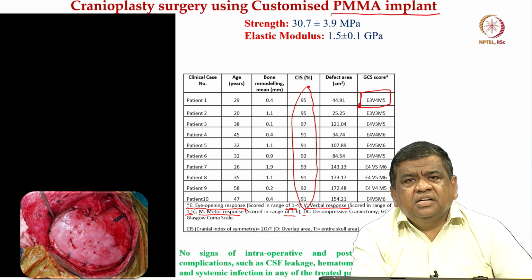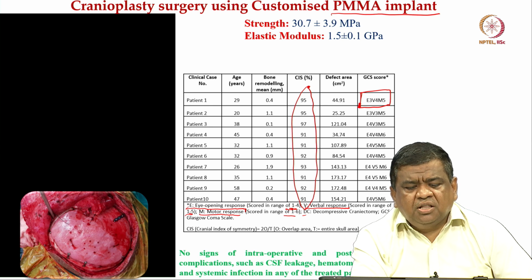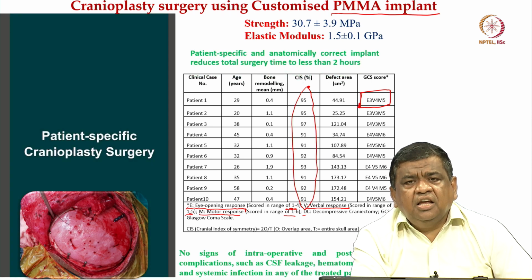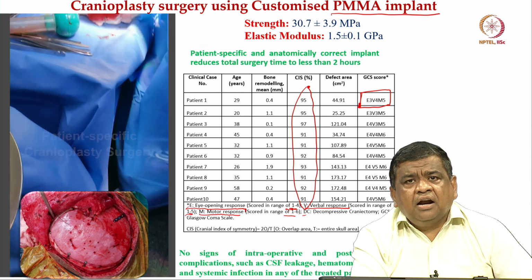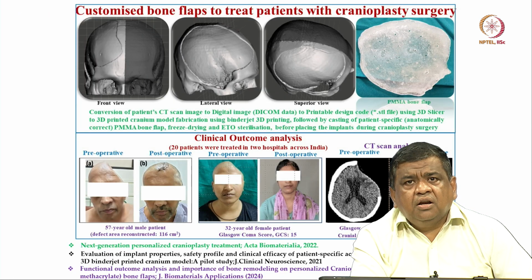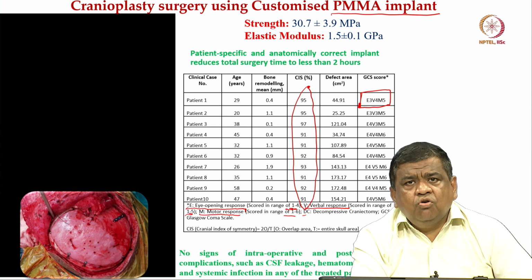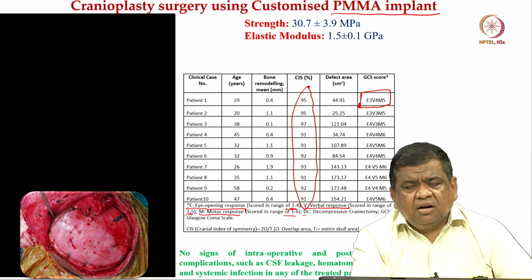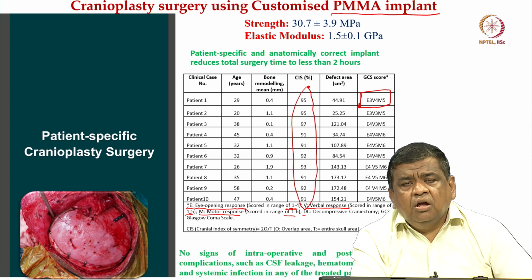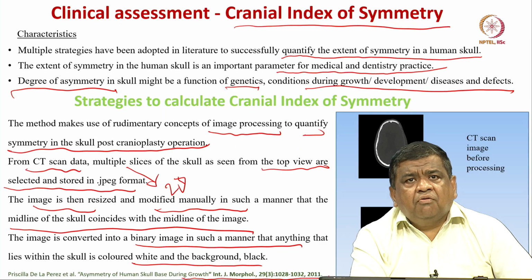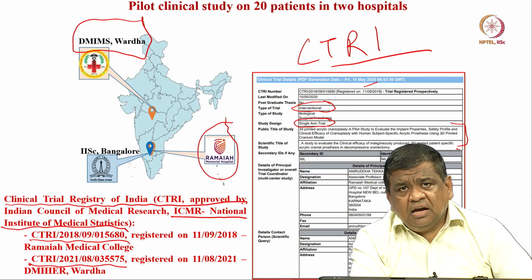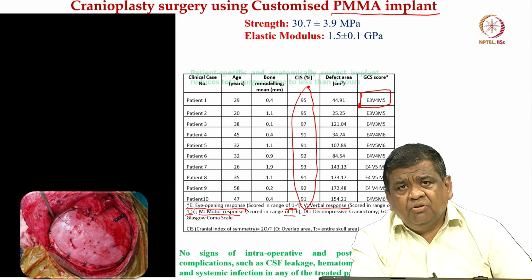Its clinical evidence is well recorded and available in open clinical literature, and based on the safety and efficacy of polymethyl methacrylate, we have selected it. And in our clinical study, I have shown that at least 20 patients with different cranial defect sizes could be reconstructed using polymethyl methacrylate implant with reasonably good clinical outcome score. Some of the typical cases I will explain to you now.